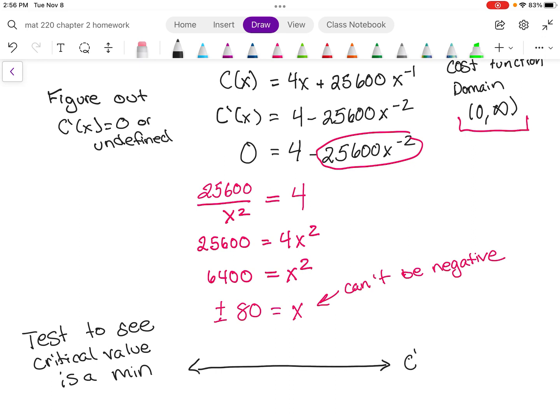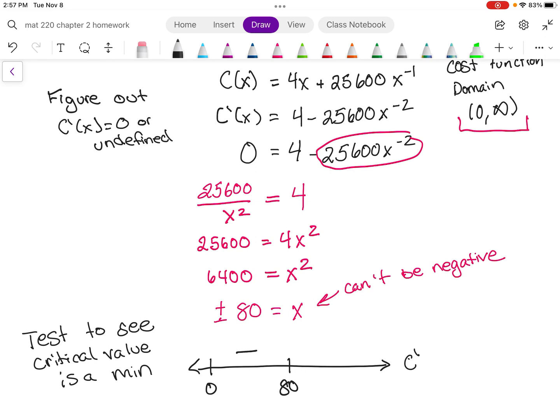So we're describing C prime. 0 is the minimum value. I have 80, and then it keeps going. So if I go back to my derivative, that's C prime, and if I were to plug in a number like 1, I made it easy, 1, I would get 4 minus 25,600. Well, that's going to come out negative.